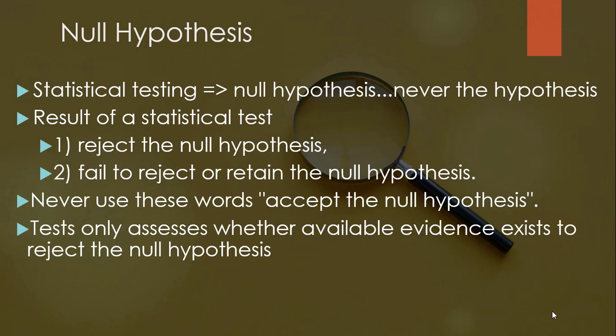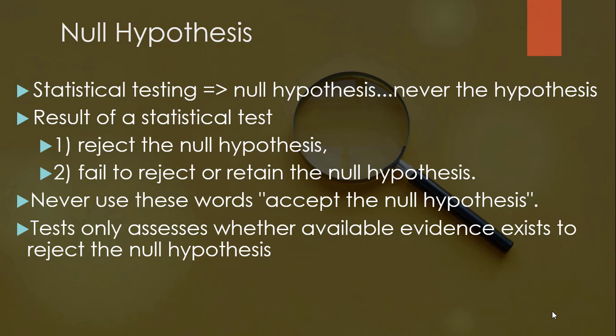If we reject the null hypothesis, then we are going to retain the alternative hypothesis. The second decision we could make is we can fail to reject or retain the null hypothesis. If we fail to reject or we retain the null hypothesis, it means that we are rejecting the alternative hypothesis.